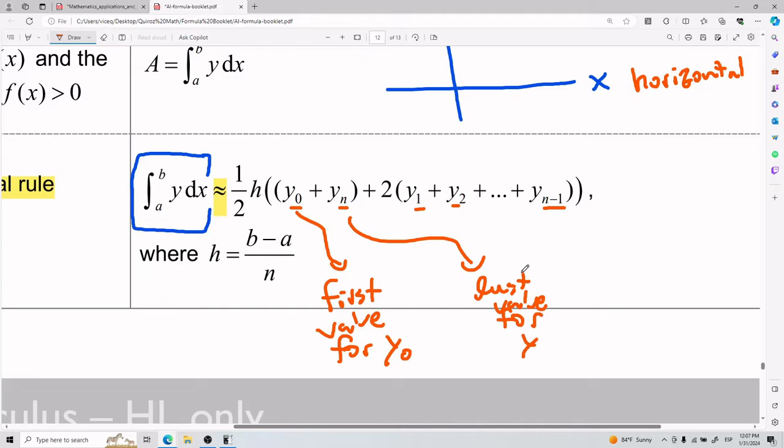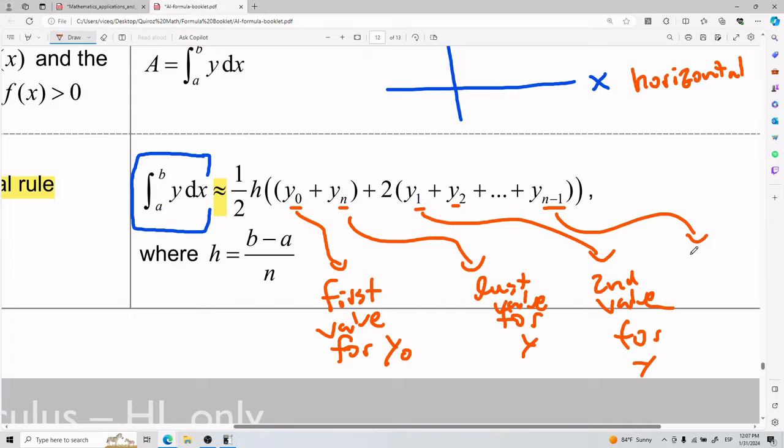That means y1 is technically your second value, because your first is y0. And yn minus 1 is going to be your second to last value for y.